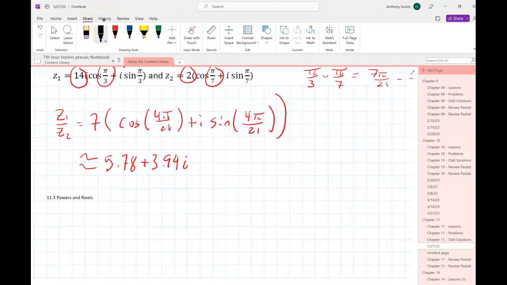All right. So if I had some complex number to the 10th, like 3 minus 4i to the 10th, and I wanted to do that out in standard form, what am I going to be stuck doing? A lot of foiling, right?